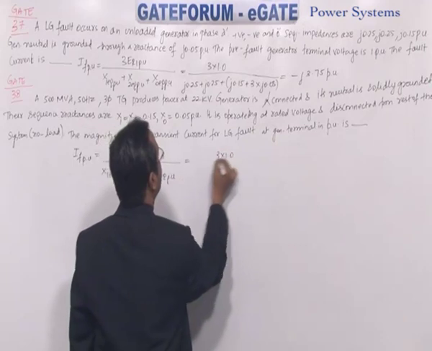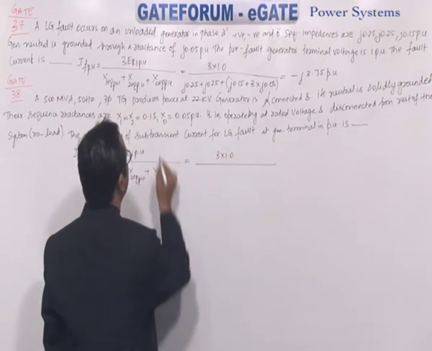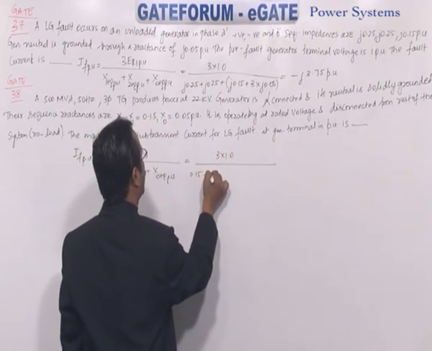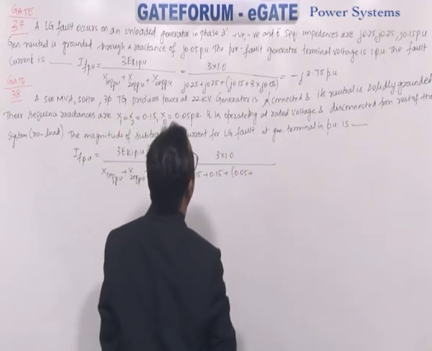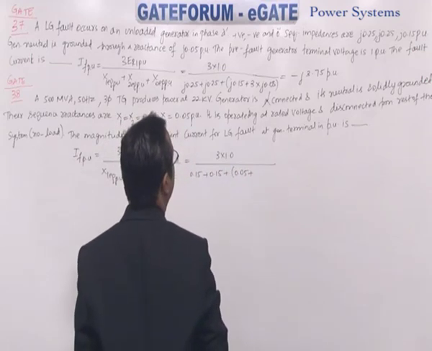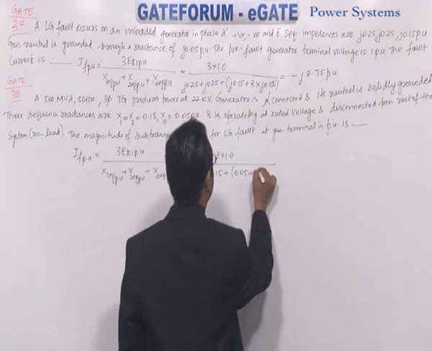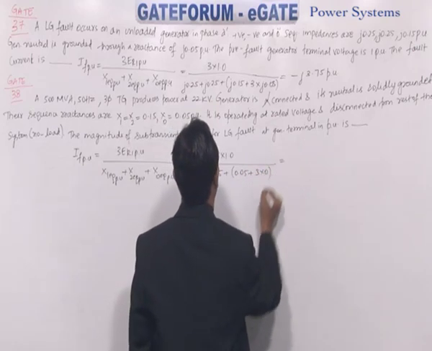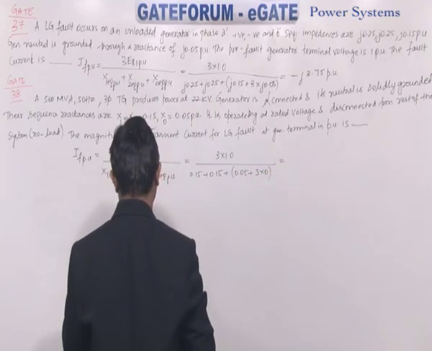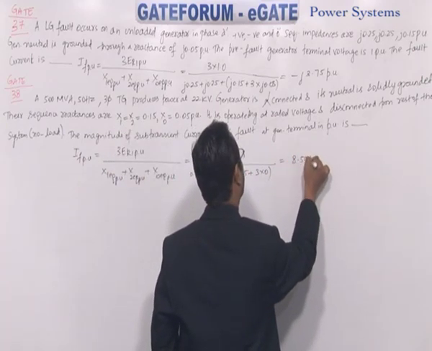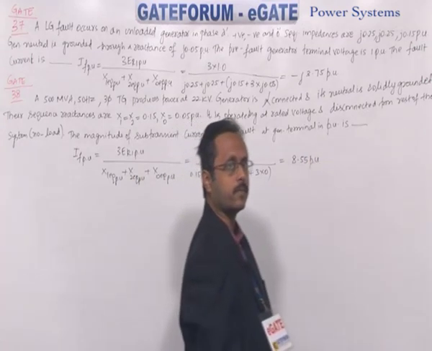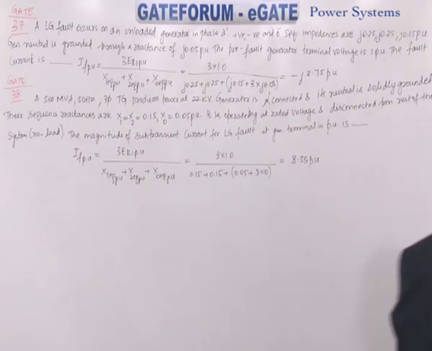On simplifying, here it is 0.15, X_R0 is 0.05, and what about the reactance? Solidly grounded, so Xn is 0. On simplifying this, you get the answer 8.55 per unit here.